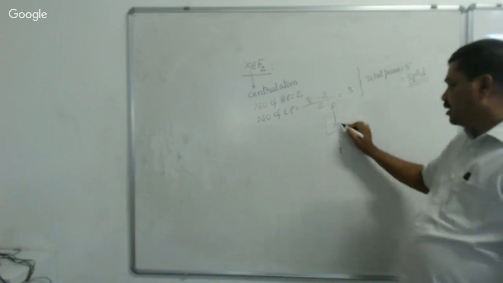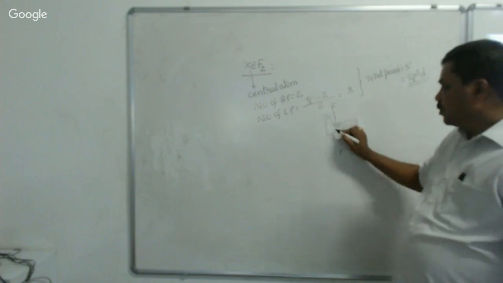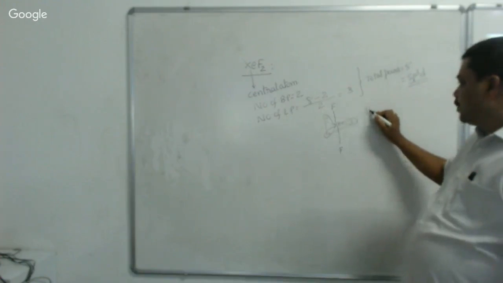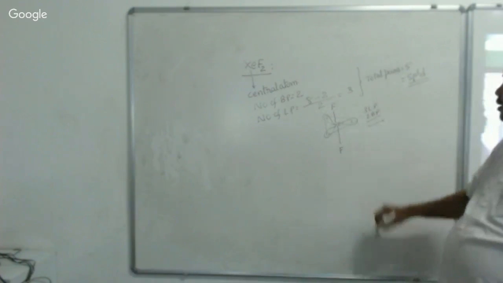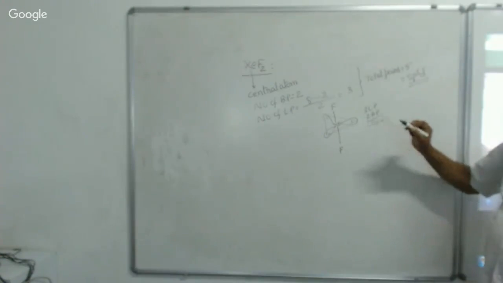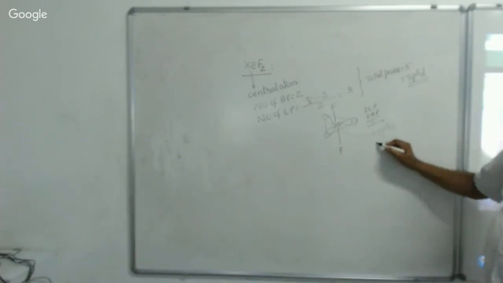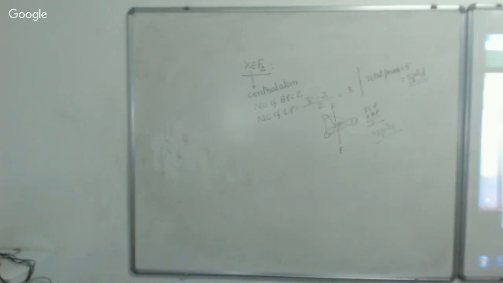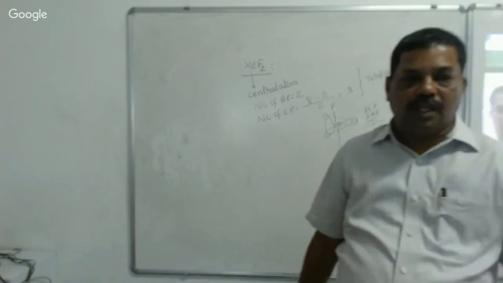The expected shape is trigonal bipyramidal, but the observed shape for xenon difluoride is linear, because it has 3 lone pairs and 2 bond pairs, total 5 pairs. Xenon is what type of hybridized? sp3d. If it is sp3d, why is the shape not trigonal bipyramidal?